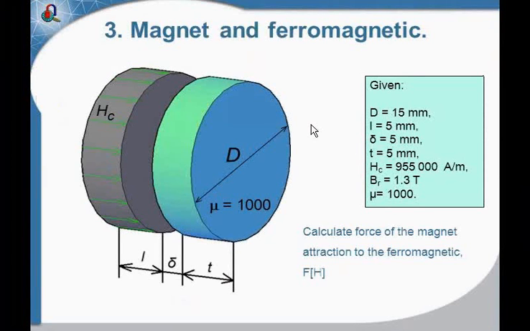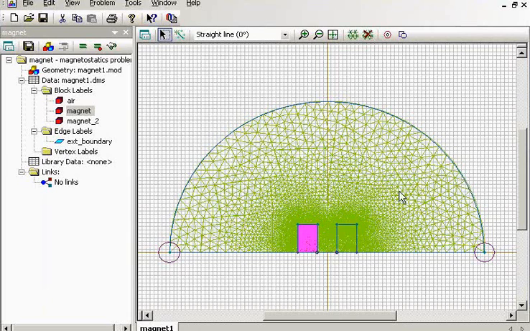The most practical example is the following. Permanent magnet attraction to the steel, as everybody saw. Let's change one of the magnet's properties for the steel with relative permeability of 1000.